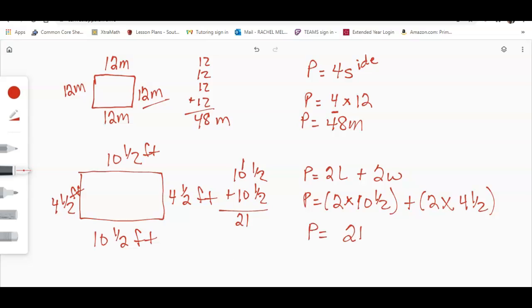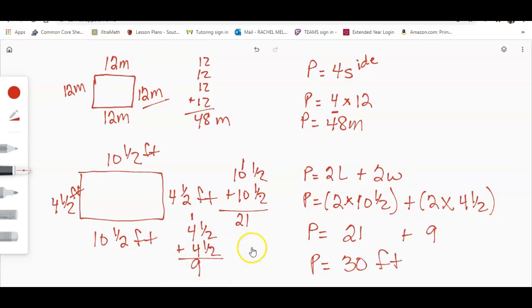Okay, same thing here with the sides. 4 and a half plus 4 and a half. Half plus a half is 1 whole, and I regroup that into the wholes. 4 plus 4 plus 1 is 9. So this piece right here is 9. So 21 plus 9 is 30 feet.